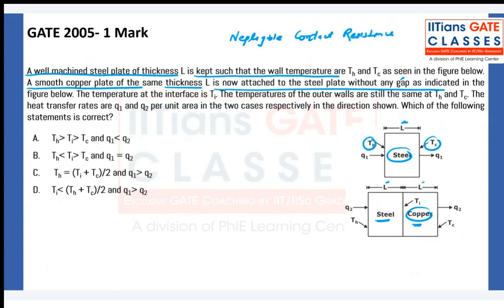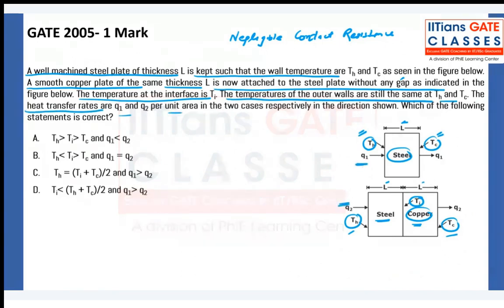Chalo. The temperature at the interface is Ti. Here in between the temperature is Ti, but outside the temperature is the same. So here also the temperatures are TH and TC. The temperatures of the outer walls are still the same as TH and TC. The heat transfer rates are Q1 and Q2, here it is Q1, here it is Q2, per unit area.